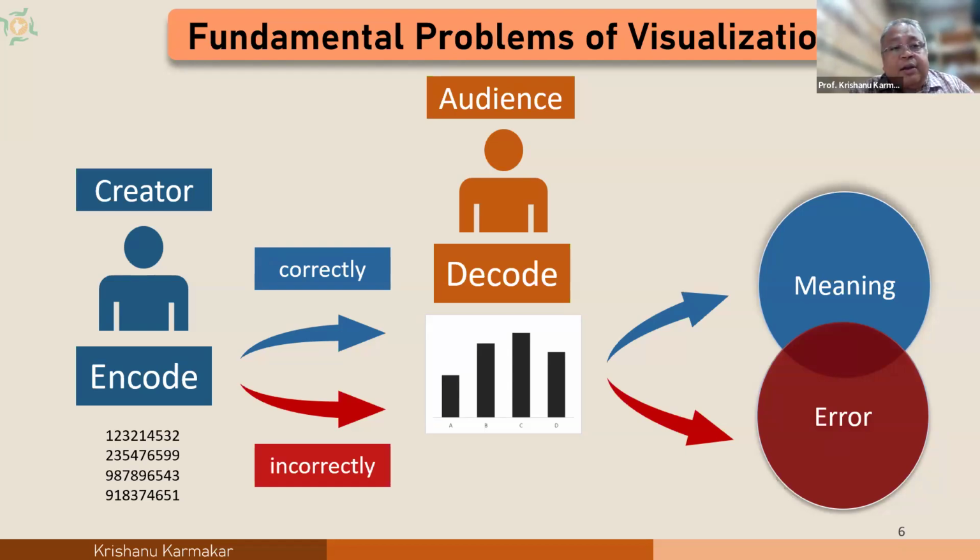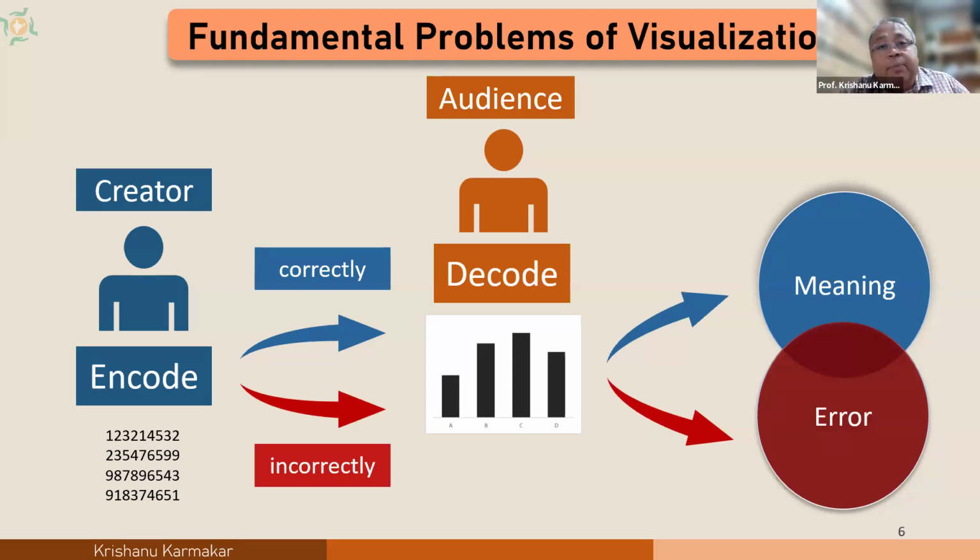Since the creator has no other way of communicating with the audience, it is only that chart that is there as a mode of communication between the audience and the creator. It is the task of the creator to minimize the possibility of error on the part of the audience.